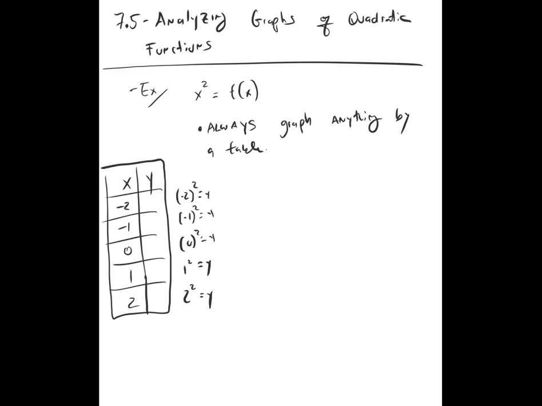So what do we get? Looks like we get 4, 1, 0, 1, and 4. We should be able to graph this. So we have -1, -2, 1, 2, 3, 4. -1 and 1, 0 and 0, 1 and 1, and 2 and 4. Looks like it's going to look something like this.